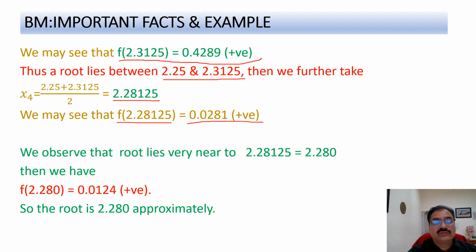This is closer to 0, so we observe that the root lies very near to 2.28125, that we may say 2.280. Then f(2.280) has the value 0.0124. So the root is 2.280 approximately. In this way, you may compute by the bisection method, but here the accuracy matters.